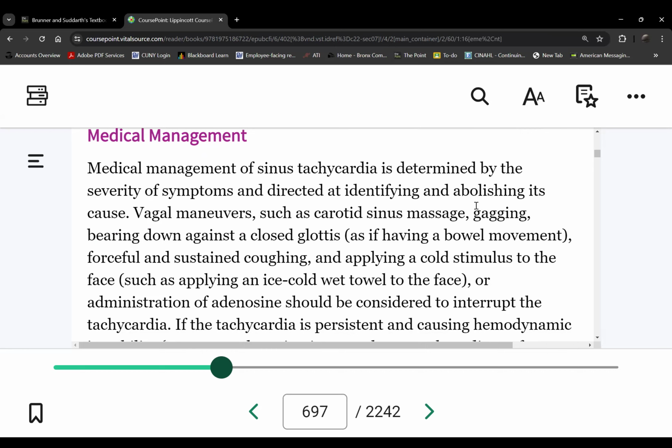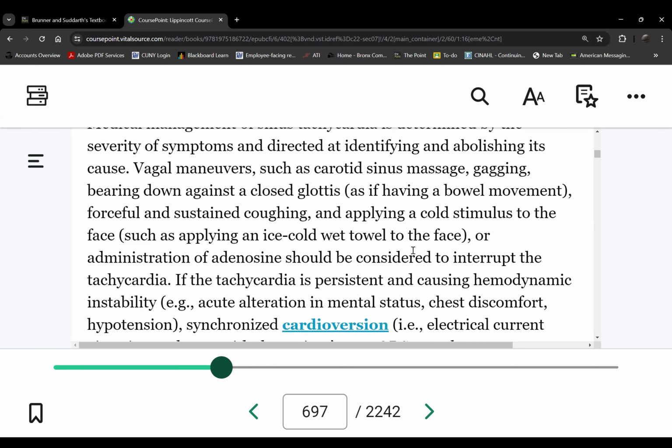Try to find the underlying cause. Maybe it's fever, or the patient's blood pressure is low, so there's reflex sympathetic nervous system stimulation. Maybe the patient's scared, or maybe they're dehydrated. That causes sympathetic stimulation.